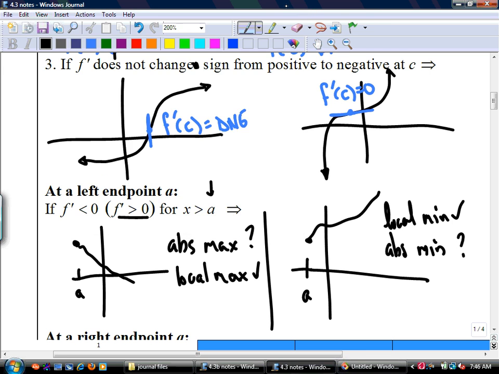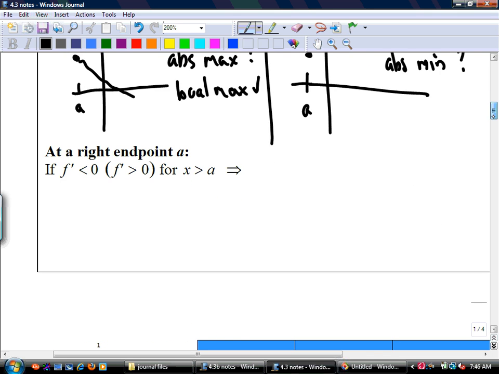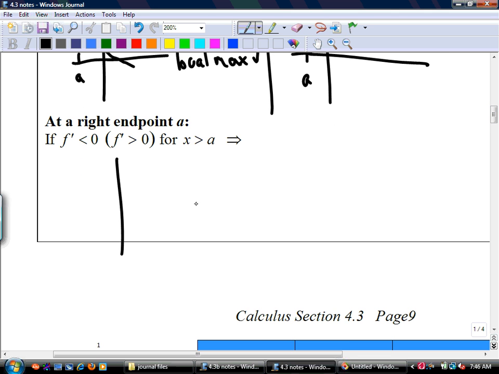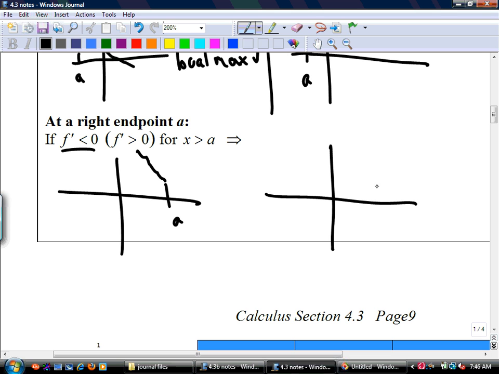At a right endpoint, is it going to look any different? No. So here we are at A. The derivative is less than 0, and the derivative is bigger than 0.